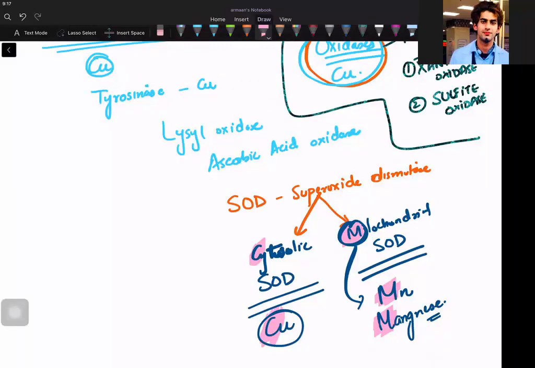If I have a deficiency of molybdenum, then in the context of oxidases, two oxidases are going to have impaired functioning: xanthine oxidase and sulfite oxidase. Correct? Are we able to understand, guys? Or are we sleeping?